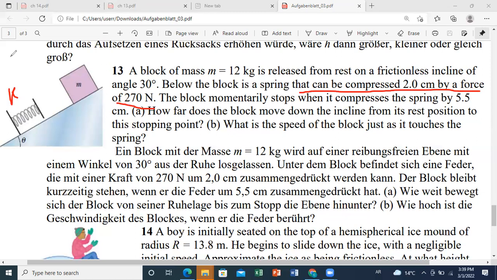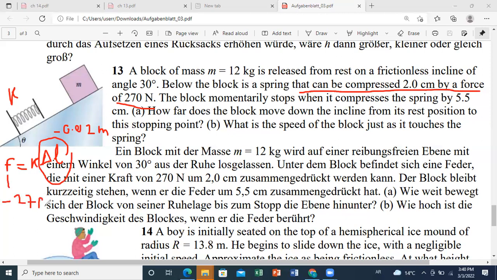This sentence will allow you to determine K, because the force developed by a spring is equal to K delta L. Instead of giving you the stiffness directly, they told you that for a certain value of delta L, so for a compression of 2 centimeters, delta L equal to minus 2 centimeters or minus 0.02 meters, the compressing force is 270. When we talk about compressive force, we put it as negative, so minus 270.